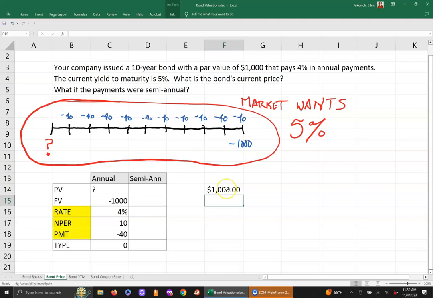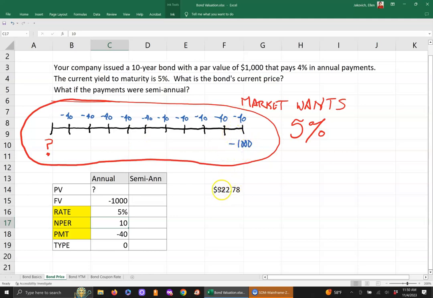And I got $1,000 because, oh dear, I made a mistake. Why? I put 4% for the rate. It's 5%. When I put that in, since I clicked on that cell and hit enter, it'll change my number. Boom. That was actually a pretty good demonstration that if the market rate equals the coupon rate, the price will equal the par value.